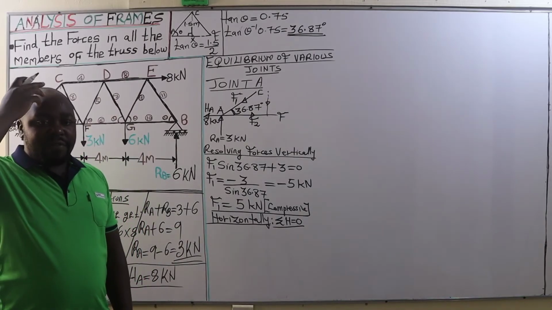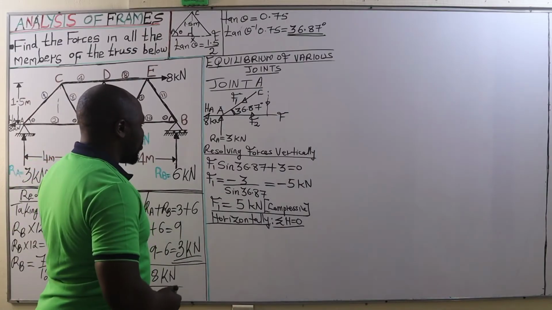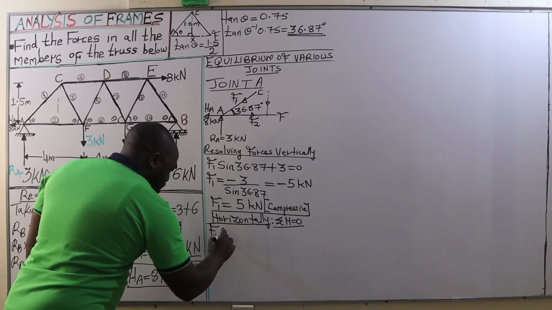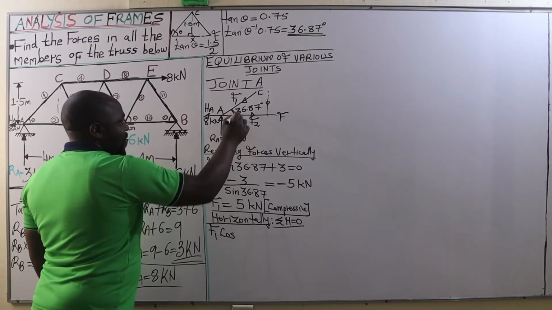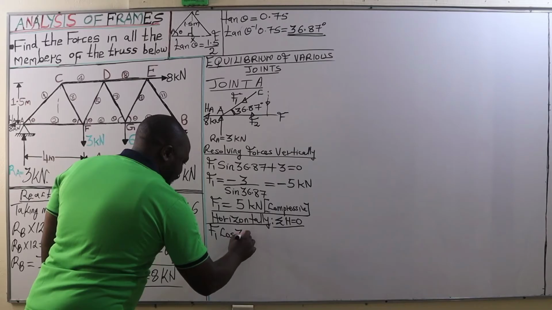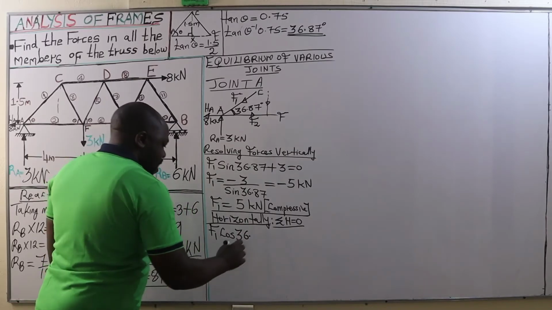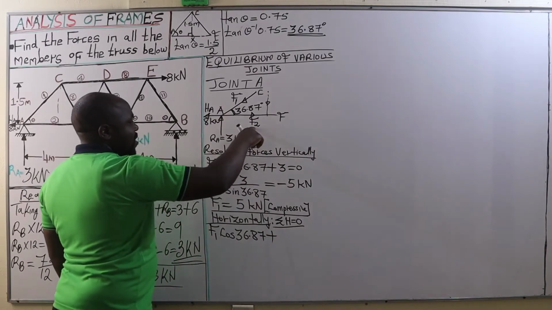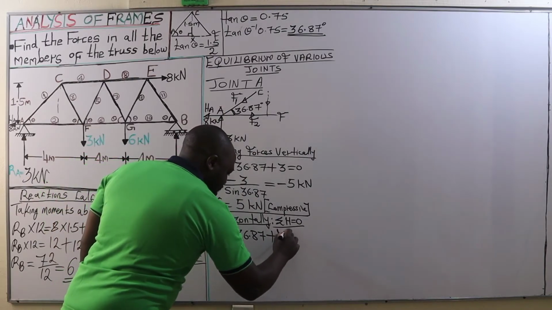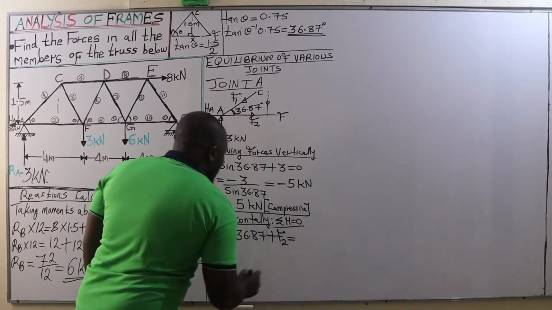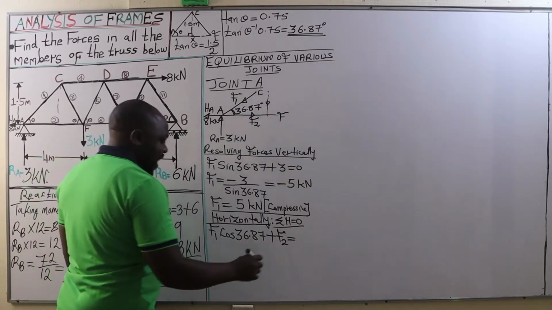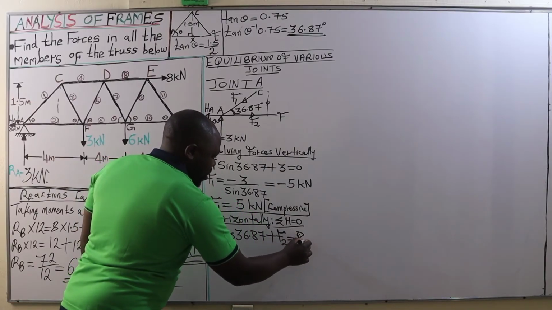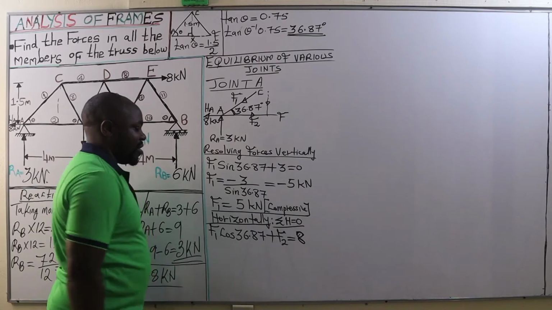Now, when we resolve the forces horizontally, we are going to have F1 multiplied by the cosine of this angle, that is cos 36.87, plus this force F2, is equal to this horizontal reaction, which is 8 kilonewtons.